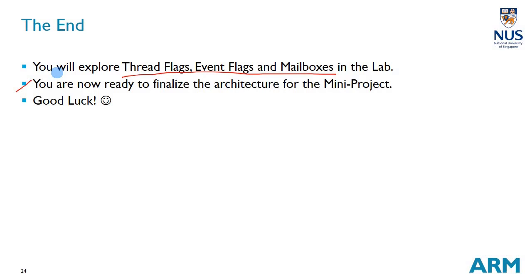We have learned about threads, mutex, semaphore, thread flags, event flags, and message queues, and all of these are very important and useful OS functionalities. With all of this knowledge, you can decide and finalize the architecture you are going to use for the mini project. Good luck.